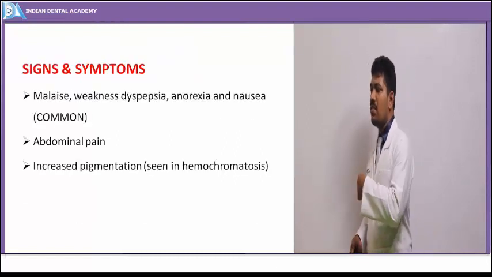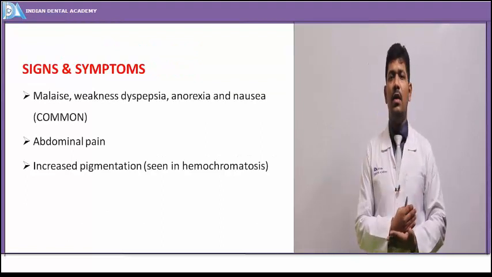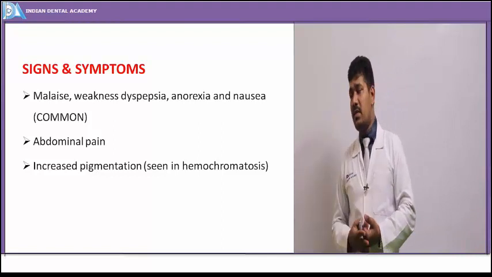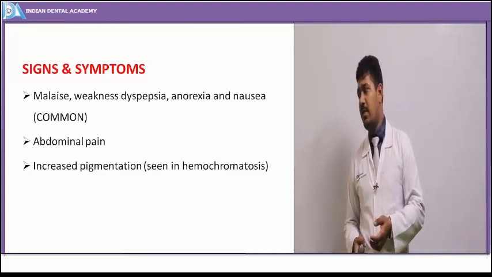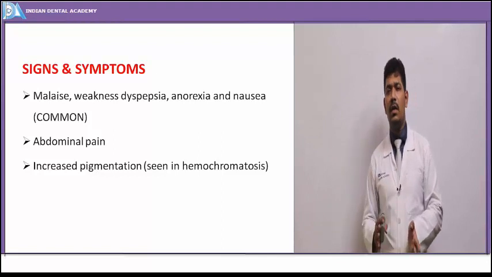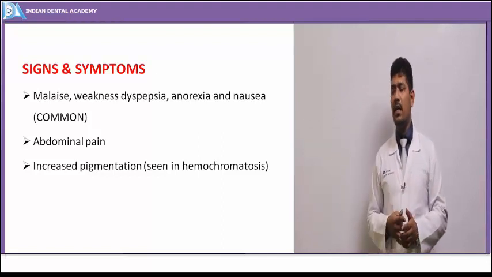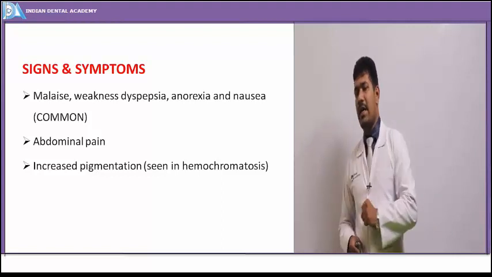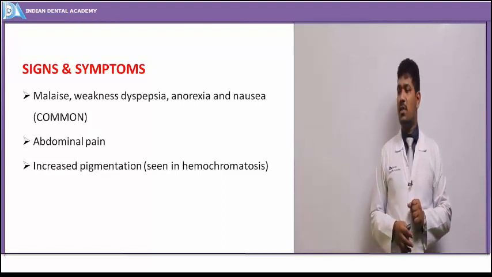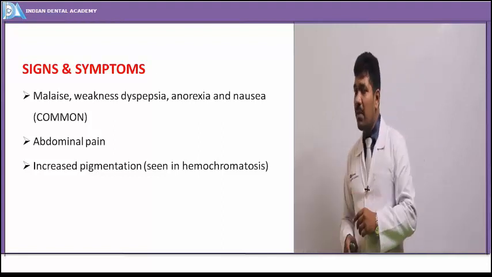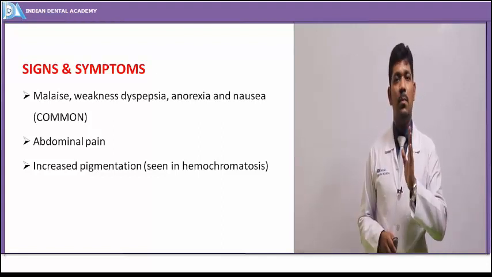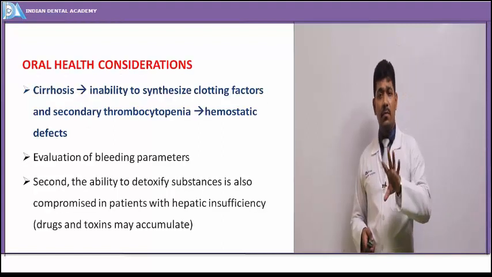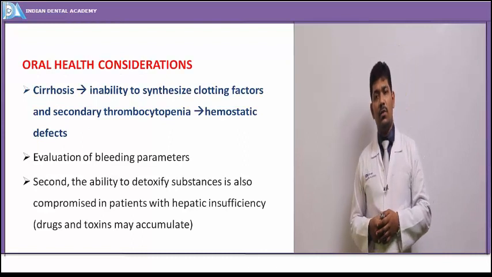So what are the signs and symptoms? As with any common signs and symptoms associated with liver dysfunction, there is malaise, dyspepsia, anorexia, nausea. All these are common complications of any liver disease. Apart from that, abdominal pain, and the most important kind of oral complication which can be seen is increased pigmentation, also called hemochromatosis, primarily because of hepatocellular destruction. This pigmentation can be manifested within the oral cavity also.